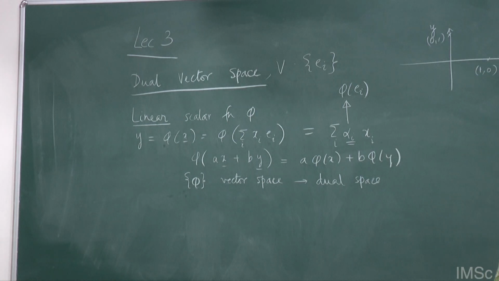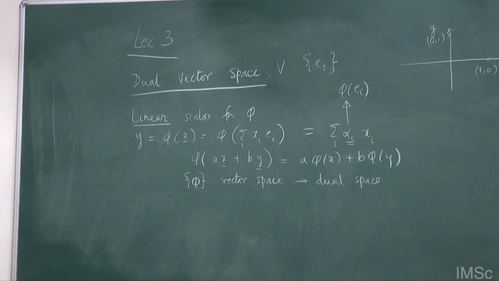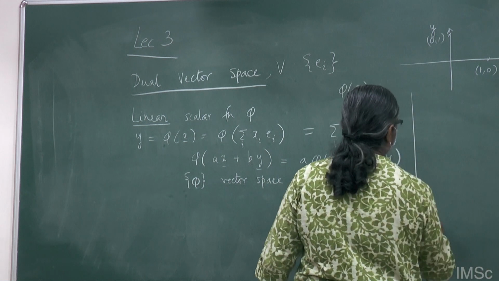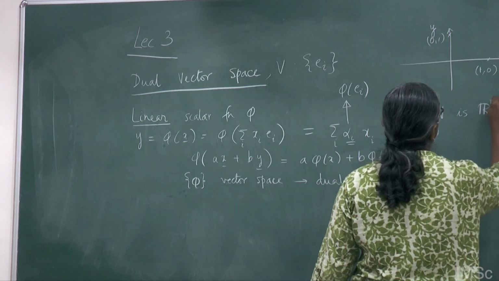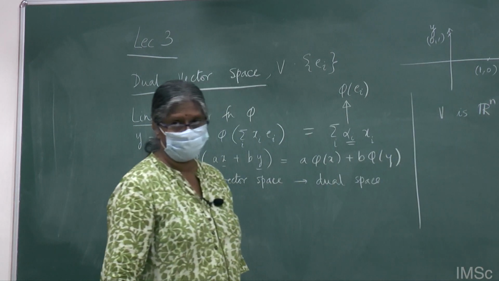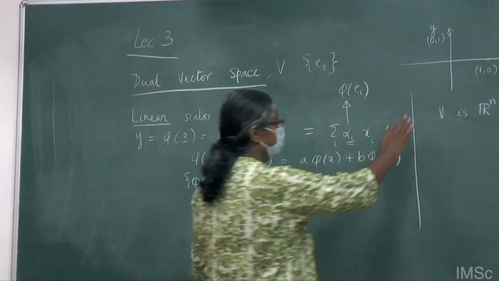So I will give an explicit example of this, which I just took from some other textbook, so that we will actually have an example of what it is. I will take a simple example where my vector space is simply some flat n-dimensional space, and in fact I will give the example only in 2D space, x and y.